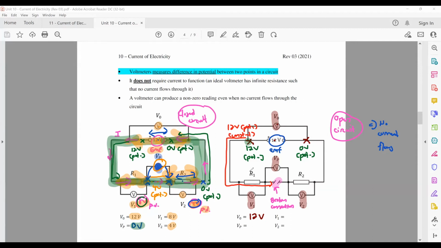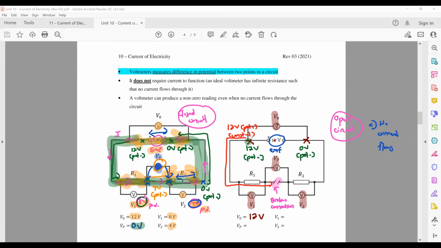I also explain it as when a charge passes through a resistor and you lose electrical energy, that corresponds to a decrease in potential. That difference in potential is your PD.